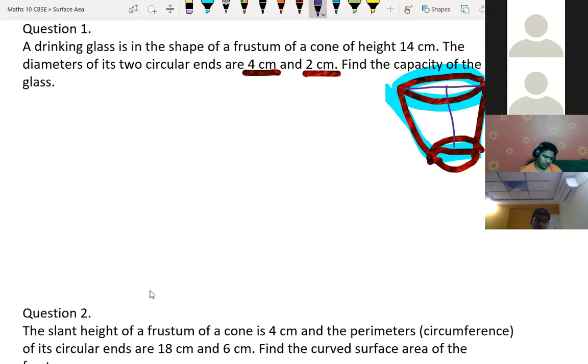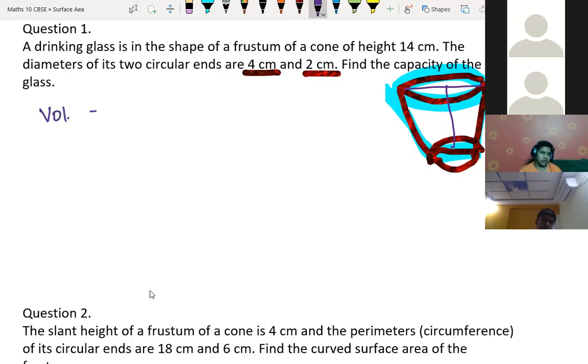Okay. So here R1 is equal to 4 centimeter, R2 is equal to 2 centimeter, and height is 14 centimeter. So capacity of the glass, capacity is nothing but volume.